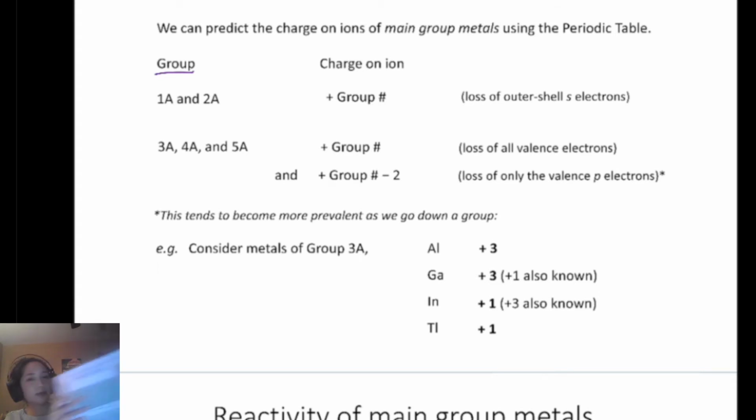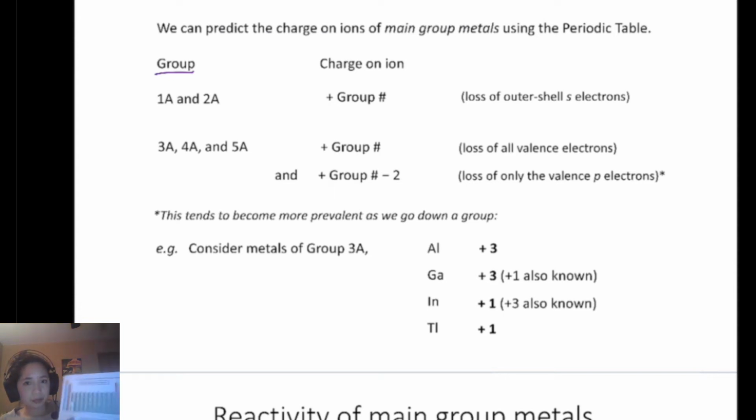Here's my periodic table. In group 1, lithium, sodium, all of these elements produce +1 cations. And the same thing with group 2: beryllium, magnesium, calcium, all of those elements produce 2+ cations because for both of these examples, they lose their valence electron shells.